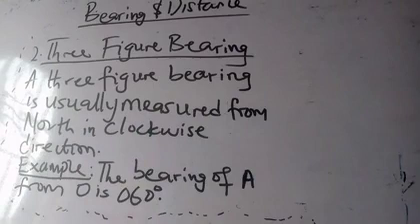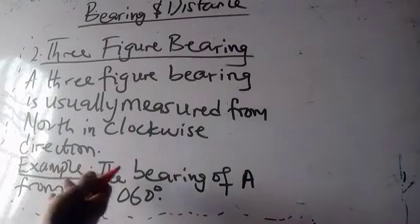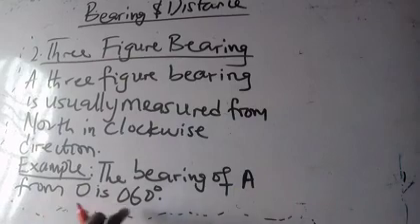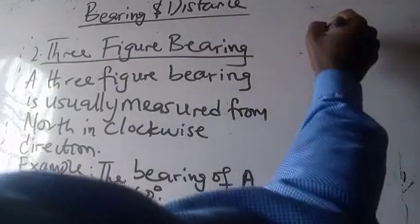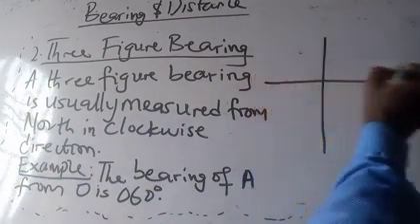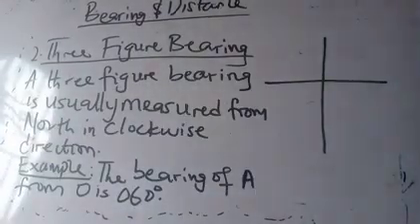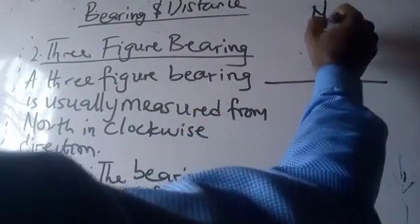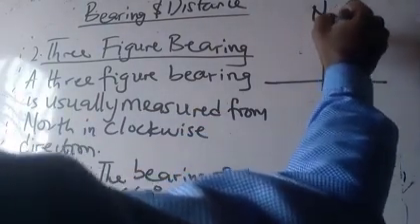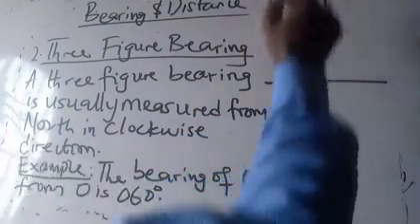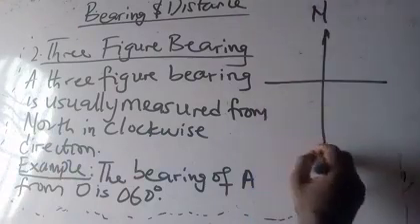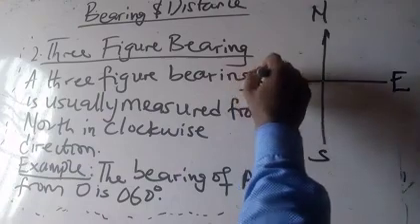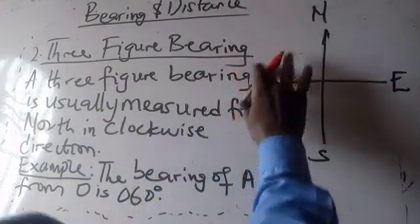We can explain that through this example. The bearing of A from O is 60°. It is believed every point has its own north pole. So this is the north, this is the south, this is the east, and here is the west.